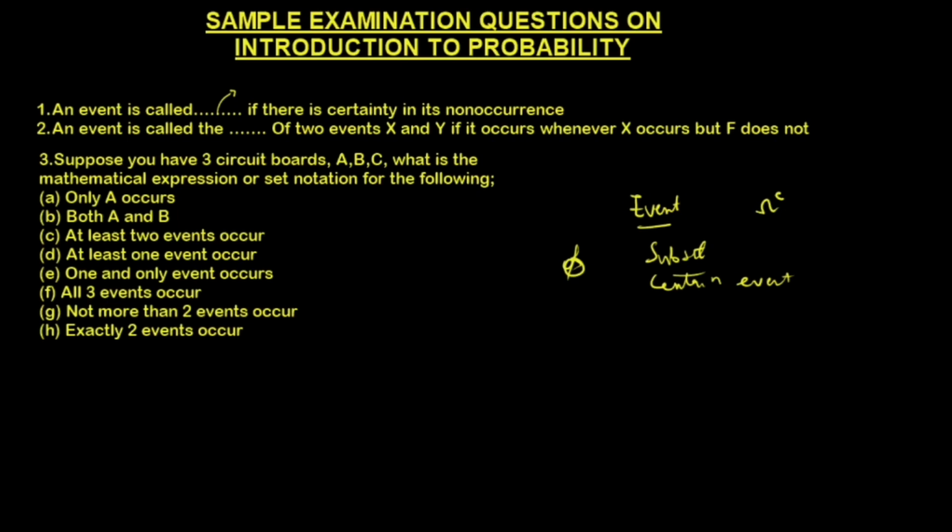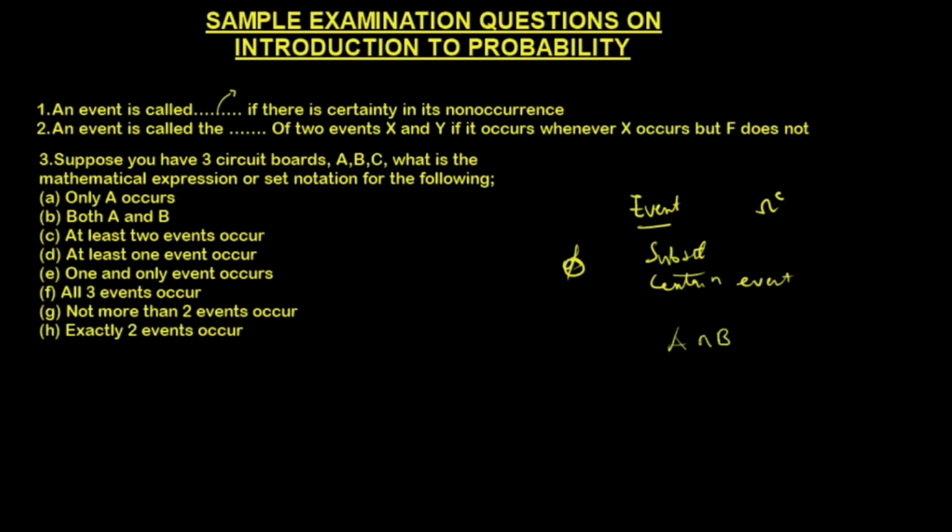Let's move on to intersection. An event is called the intersection of two events A and B if it occurs only when A and B occur simultaneously. And as you know, it is denoted by A intersection B.